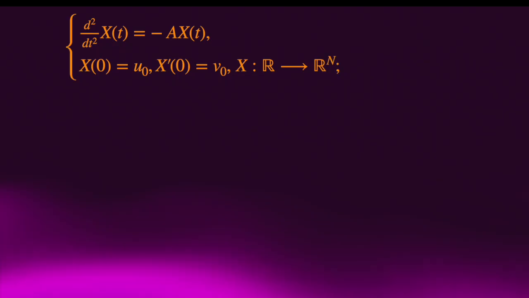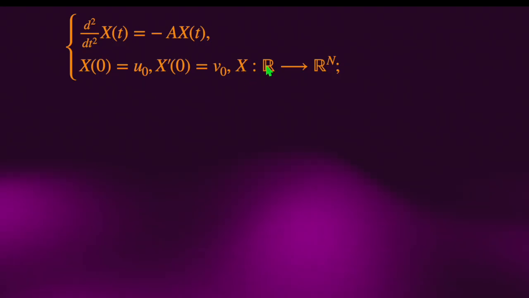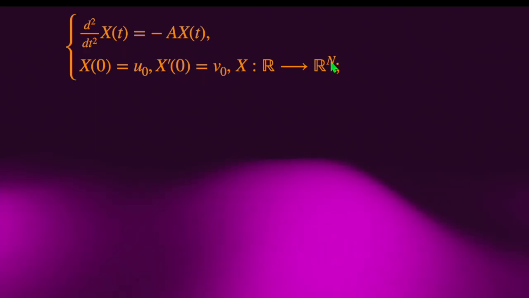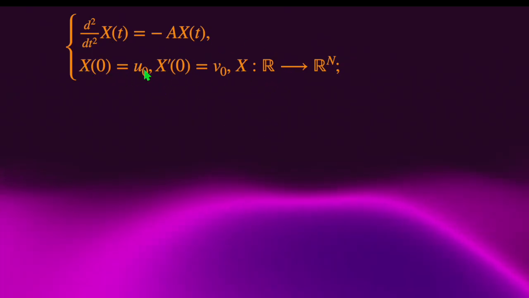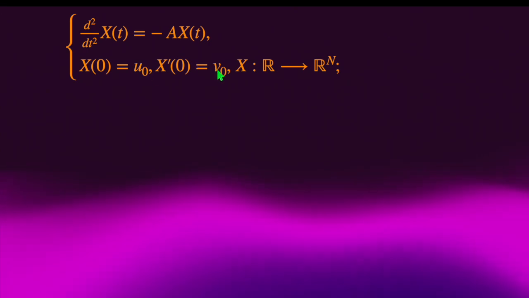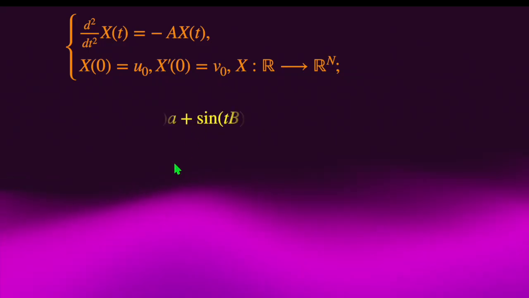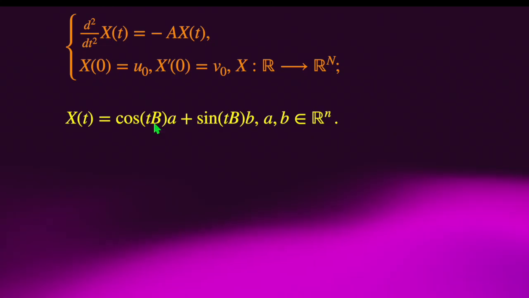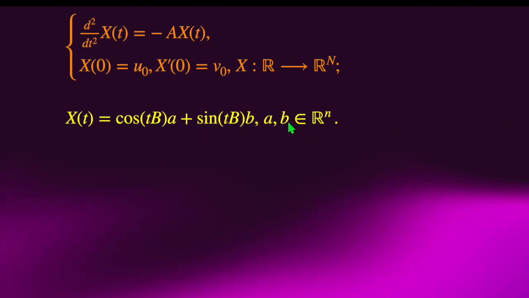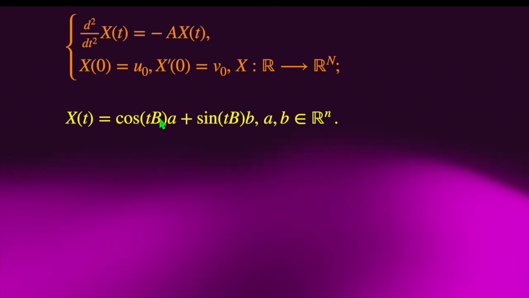Now we consider this ordinary differential equation where the unknown is a function from the real line to R n, with the initial conditions u naught, v naught, and we will look for a solution of this equation in this form: cosine tB a plus sine tB b, where a, b are vectors in R n, and the capital B is a matrix.